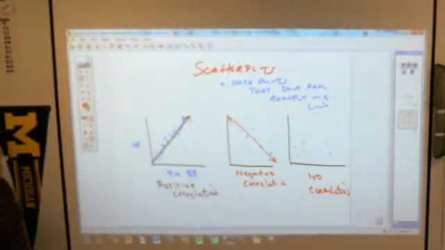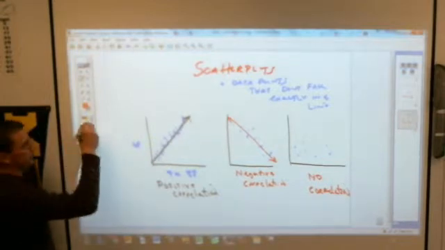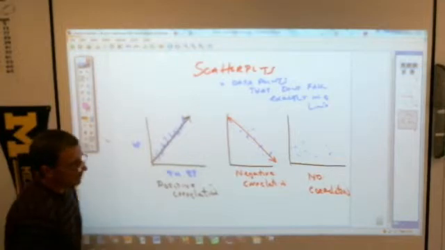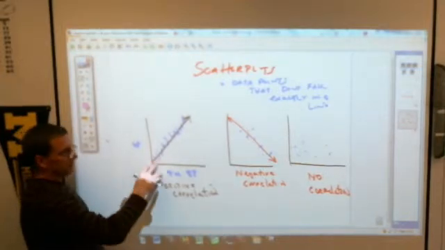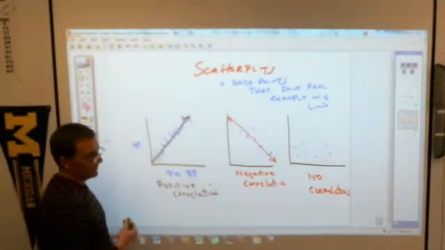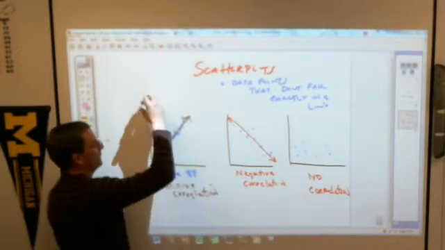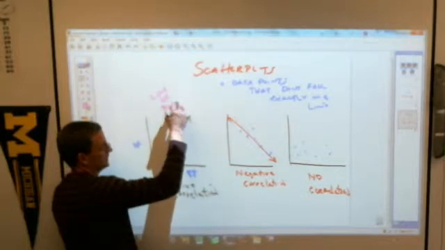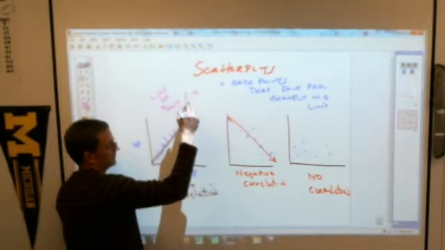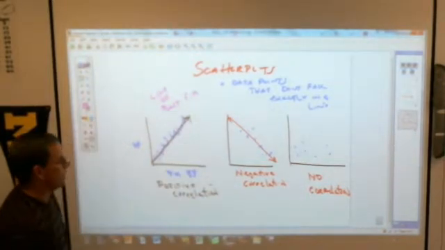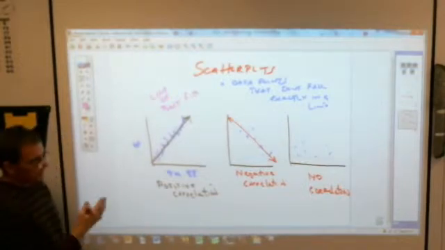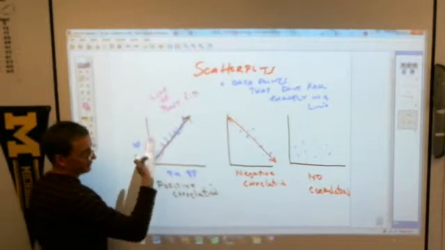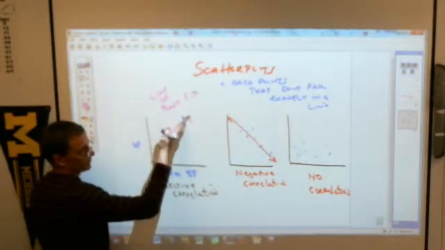Now, when you do all this graphing, they will ask you to try to find what is called the line of best fit, which means you try to split that line so that half the points fall below it, half fall above it, and it goes right down the middle.